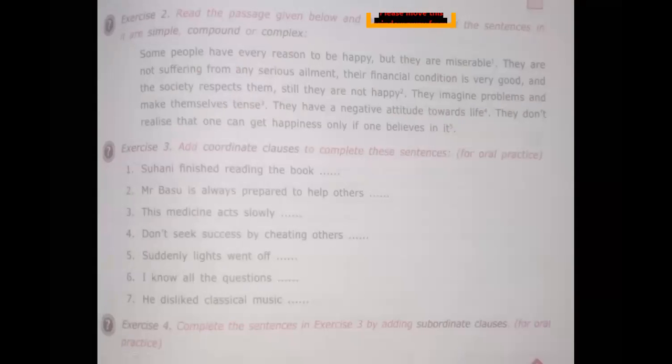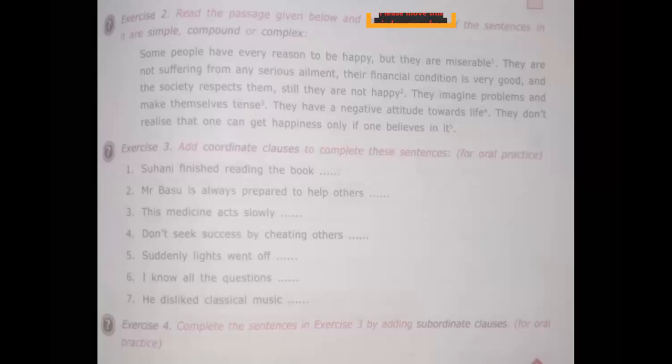Let's read the passage given below and point out which of the sentences in it are simple, compound, or complex. I'll do only the first sentence for you. The rest of the sentences you'll do yourselves. Some people have every reason to be happy, but they are miserable. So, children, we have two finite verbs here. The first one is "have": some people have.